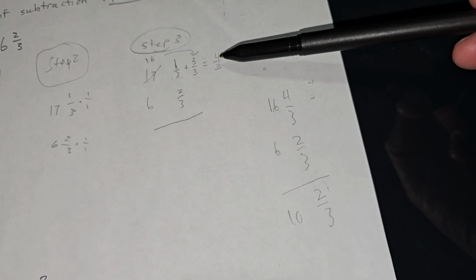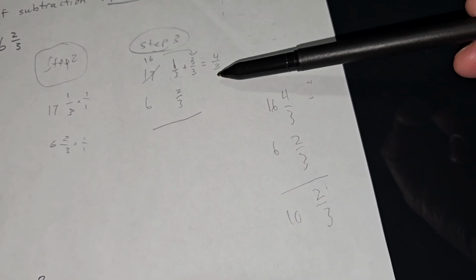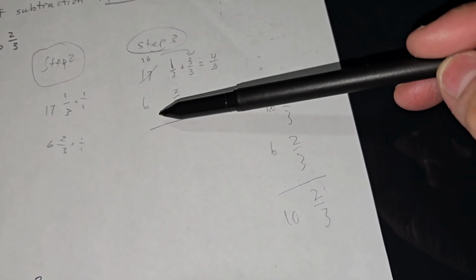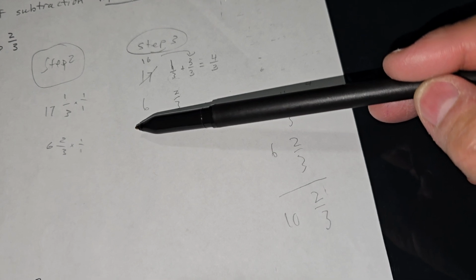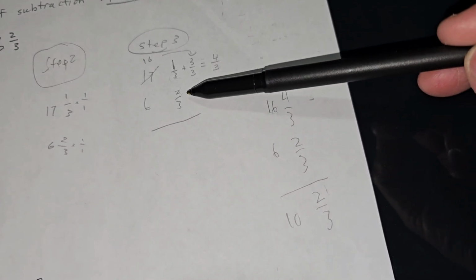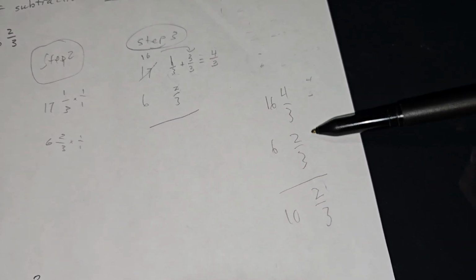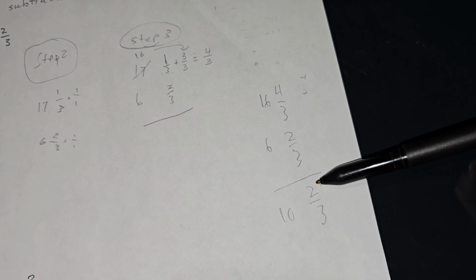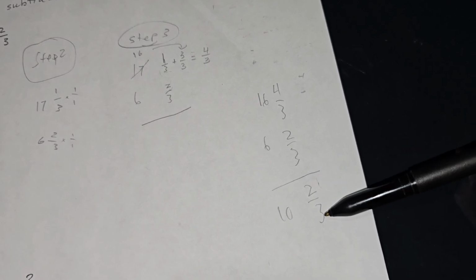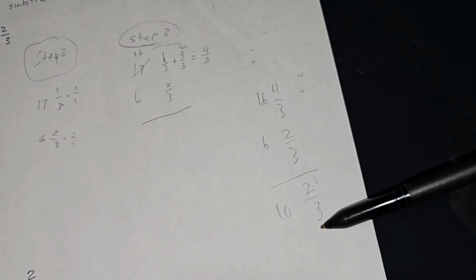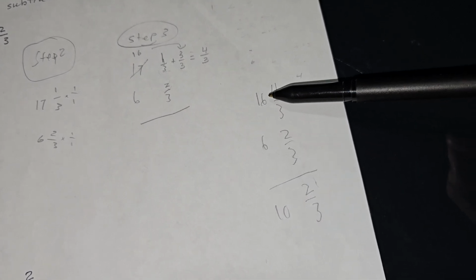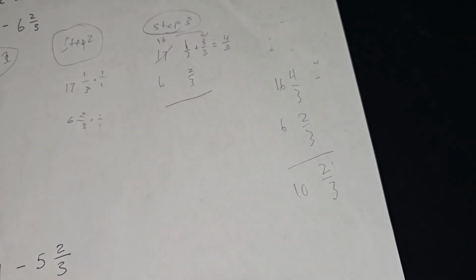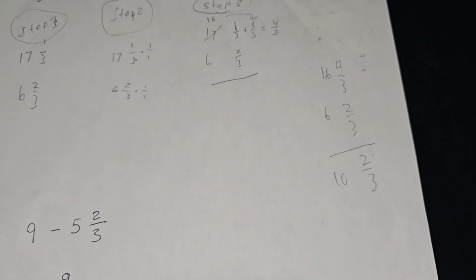So now we have 16 4/3, and we can do the subtraction properly here. So 4 minus 2 is 2, the denominator stays the same. And now we subtract the whole number. 16 minus 6 is 10. Right there. That's how you borrow fraction.